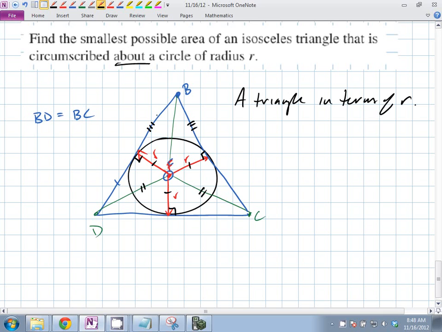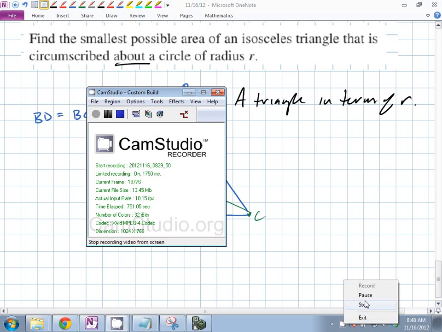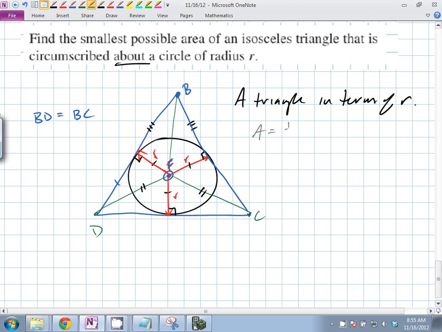You guys need to write 1/2 base times height. That's correct. So you want this distance, from D to C? That would be your base. So let's call from here to here Y. That's just giving you something to go with.